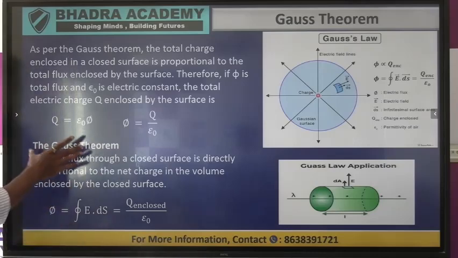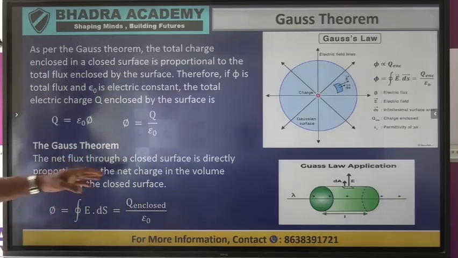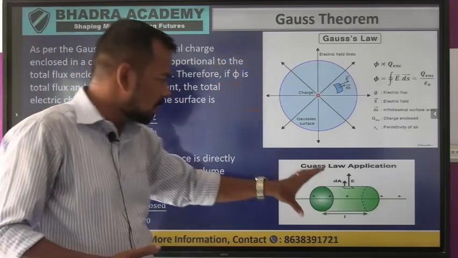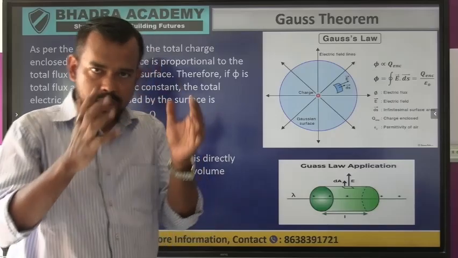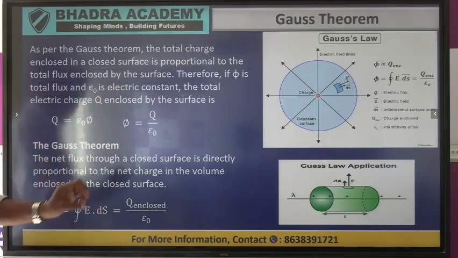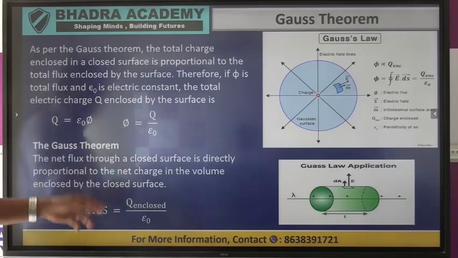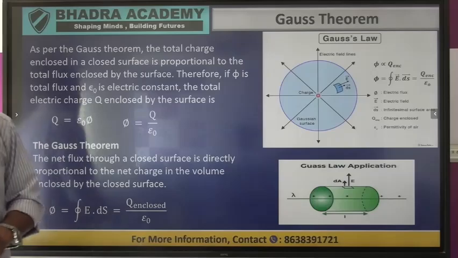Gauss theorem also states that the net flux through a closed surface is directly proportional to the net charge in the volume enclosed by the closed surface. It may be any closed surface: spherical, cylindrical, or even a random surface. The integral of the electric field with the small surface element dS is always equal to the total charge enclosed divided by epsilon naught, the electric constant.